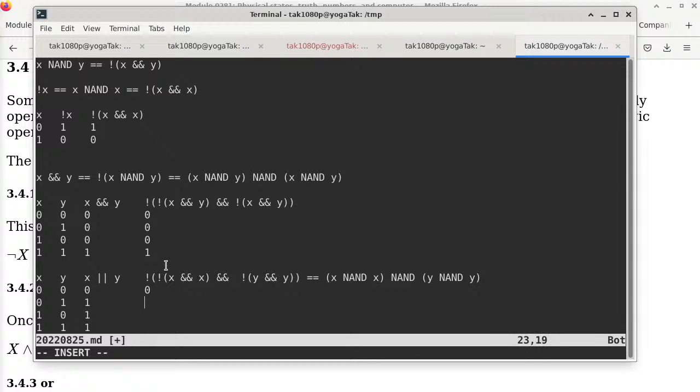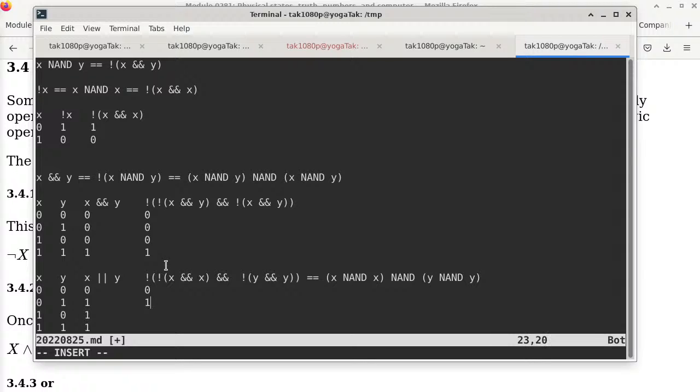On the second row, x is false, y is true. So now we have false and false, which is false, not false is true. And then y is true, so we have true and true, not true is false. And we end up with true and false for the outer conjunction. True and false is false, not false because of the outermost negation is true.